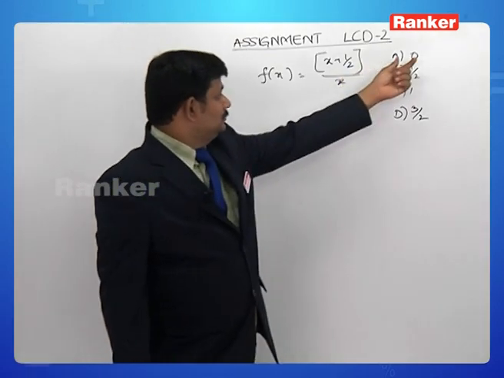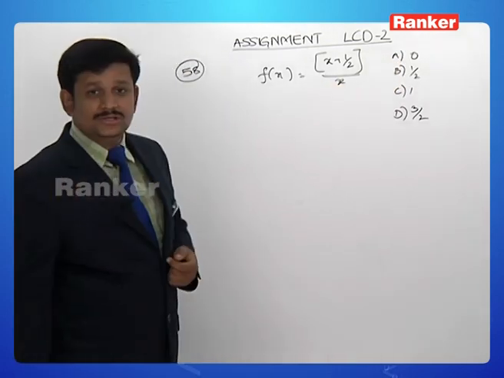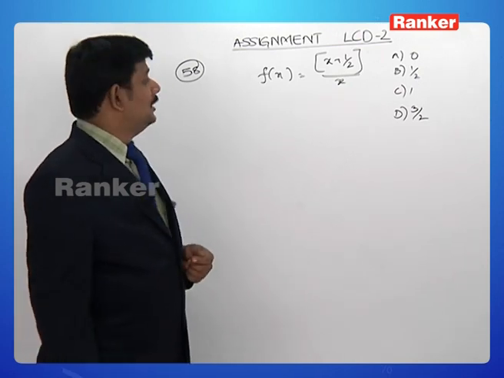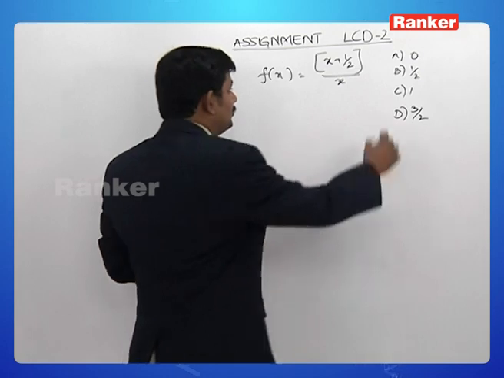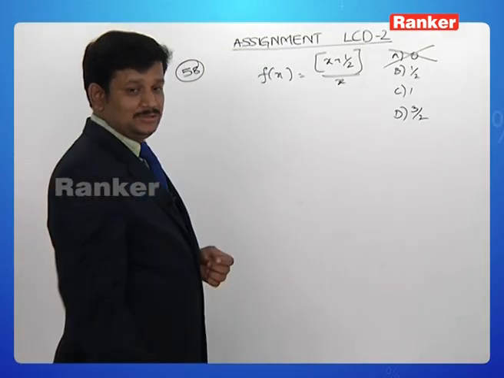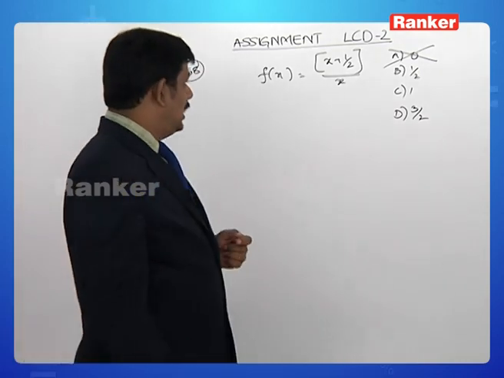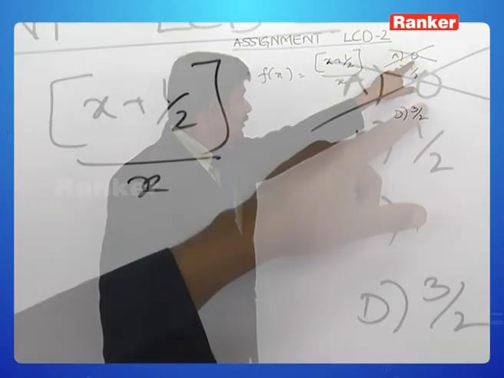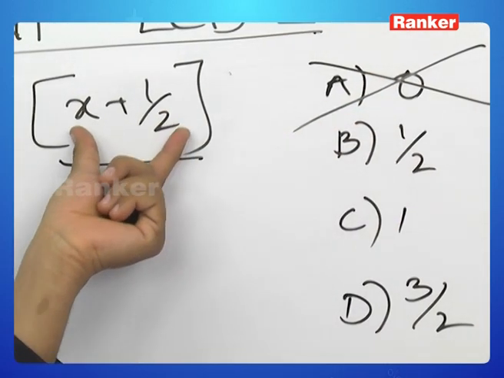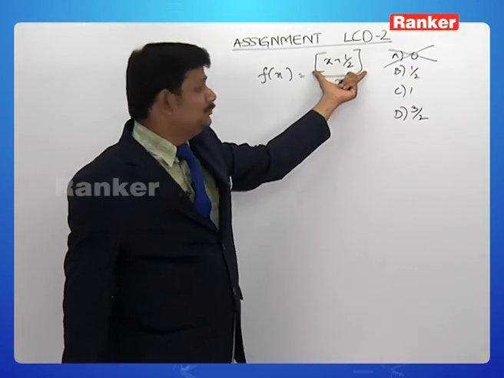Now observe 0. 0 doesn't fall into the domain of the function, since the denominator cannot be 0. So clearly there is no chance of continuity at 0. At 0 the function is discontinuous. And what kind of discontinuity is it? Whenever x is in the neighborhood of 0, x plus half will be in the neighborhood of half, and the integral part of half is 0.